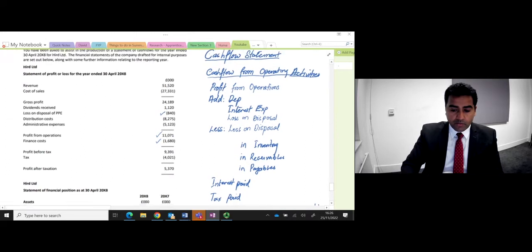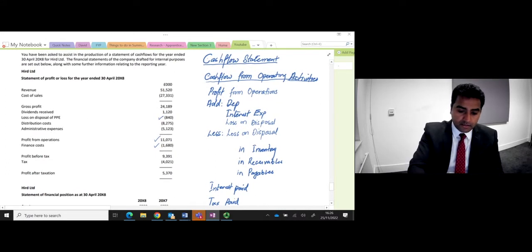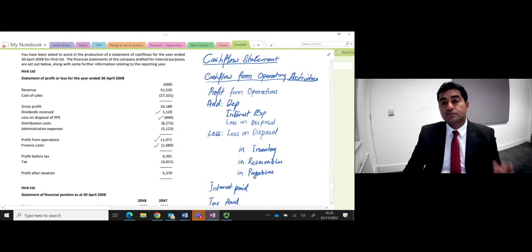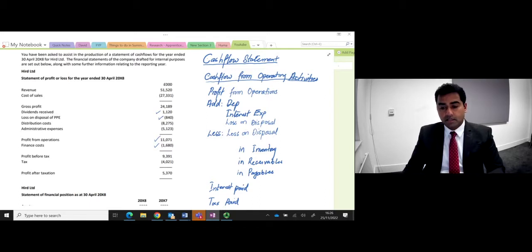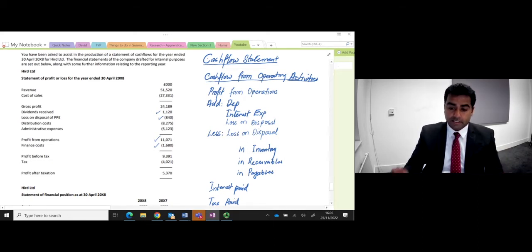And then we have some dividend. I can see there is a dividend received, and which is 1120. So dividend received should not be appearing in the income statement when we are preparing the cash flow statement. We should remove it from the cash from operating activities and record it under cash from investing activities.